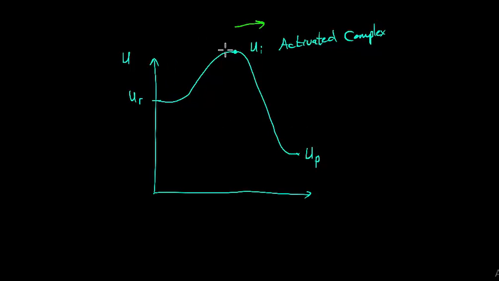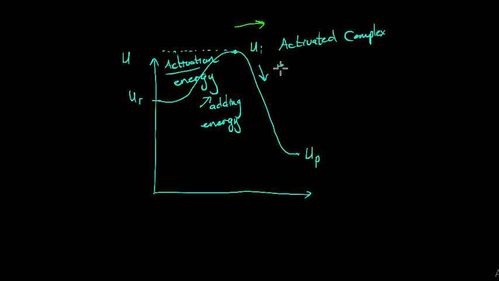Now, the energy needed to reach this level is called the activation energy. In order to reach the activated complex, we need to add energy. So whenever this graph is going upwards, it is adding energy, and if we're heading downwards, it is releasing energy.